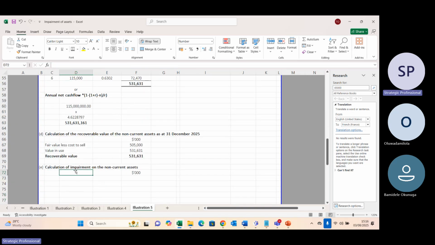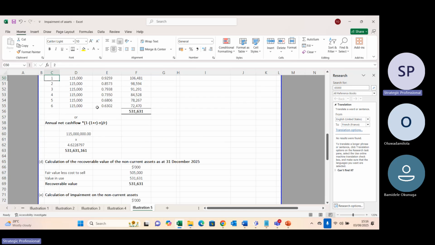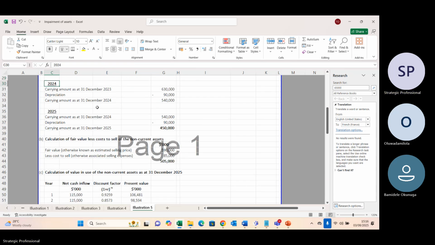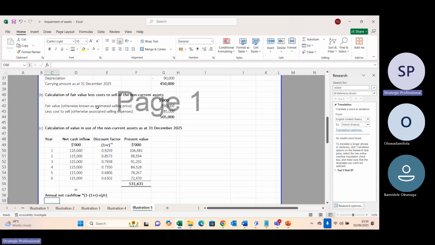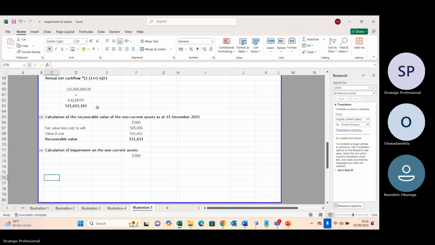So there's no impairment because the carrying amount is less than the recoverable amount. But let's assume that the carrying amount was as at 2024. Yes. So there's no impairment loss.